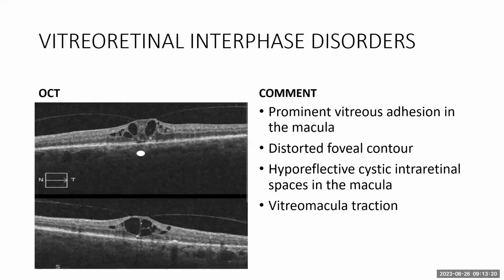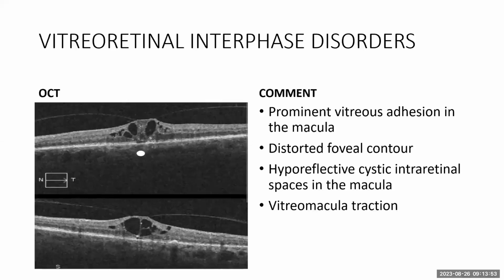Sometimes this can be observed for a complete PVD to occur, which if it occurs, you could have a resolution with the fovea going back to normal. Or this can progress to formation of a macular hole because of the traction. So the decision is dependent on the ophthalmologist, either to observe or to intervene.